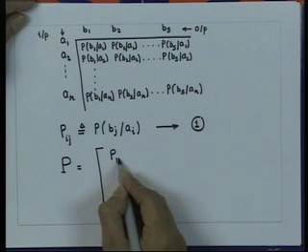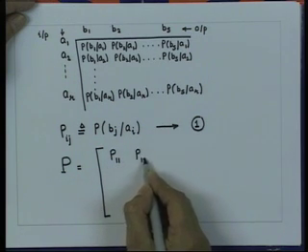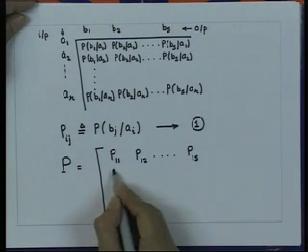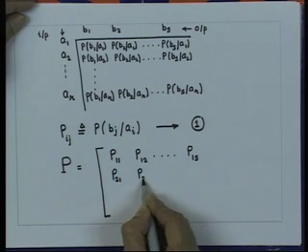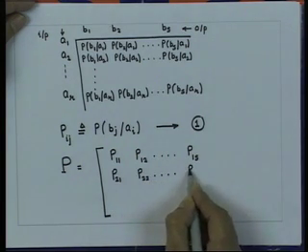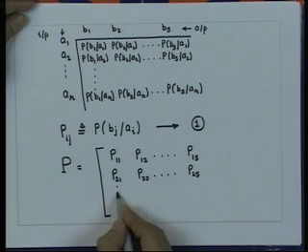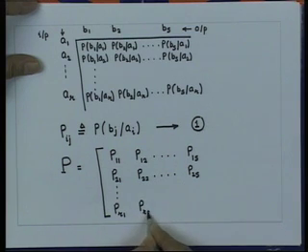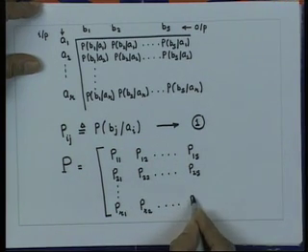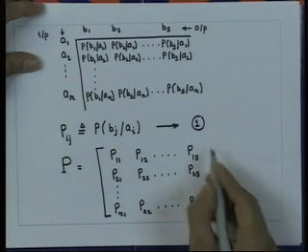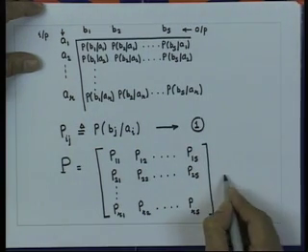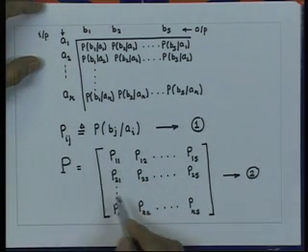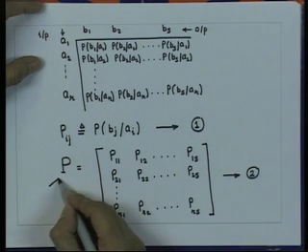We have P11, P12 up to P1S, P21, P22, P2S, and finally for the last row PR1, PR2 and PRS. So, this becomes a channel matrix.